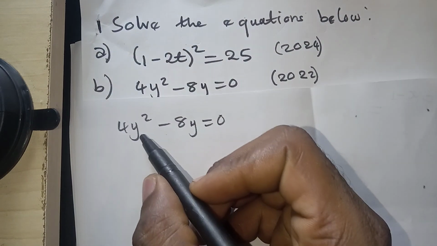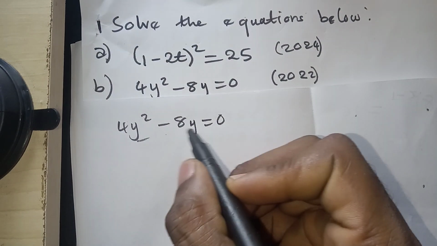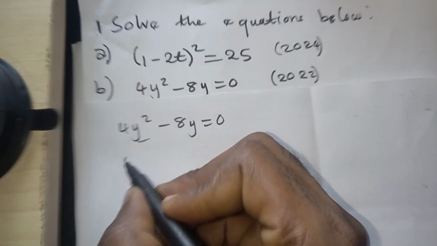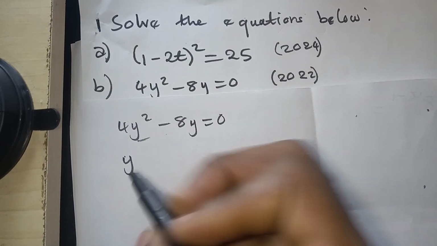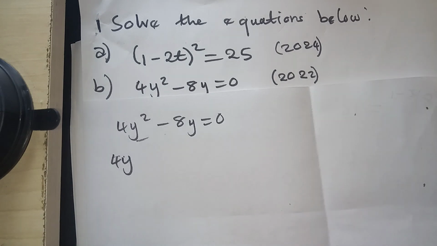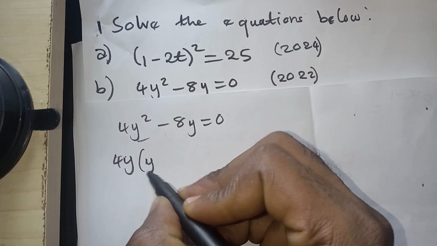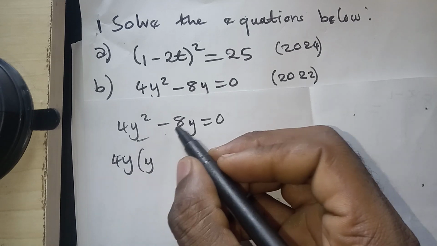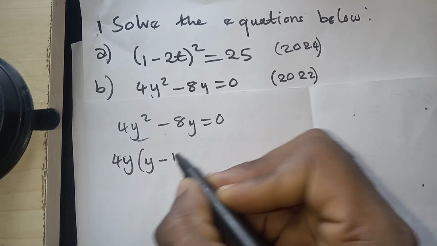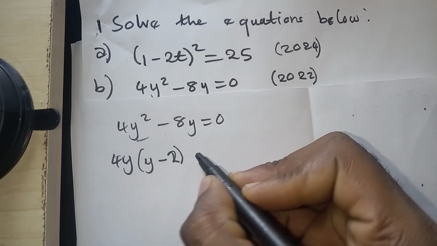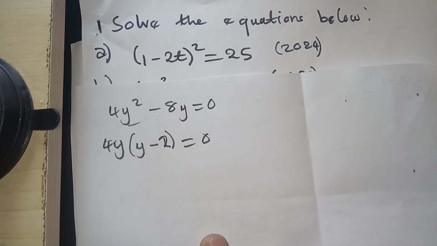Now you can factor the y out. As you can see, y is common. If you want, you can even factor out 4y. 4y into 4y squared is y. Then 4y into 8y is a 2. Then this is equal to 0.